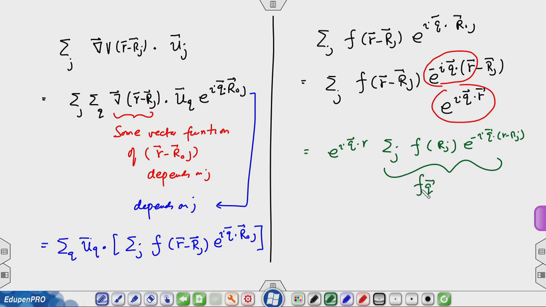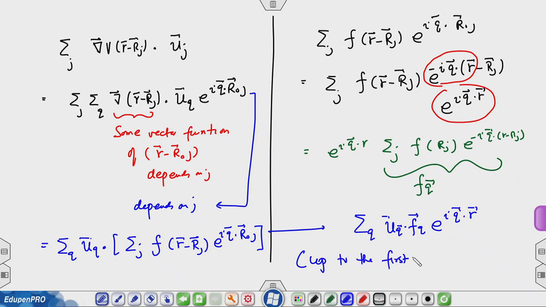This is like the Fourier transform, and therefore this term becomes summation q u q f q, again let us write the vector signs, e raised to I q dot r, up to first order in u q.